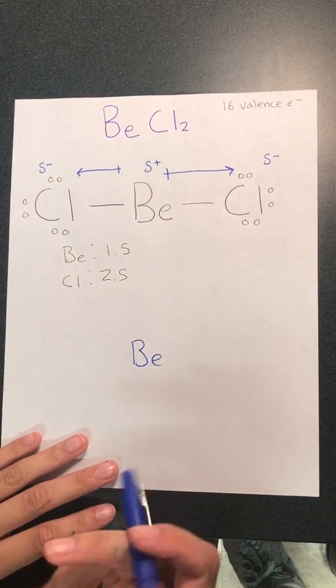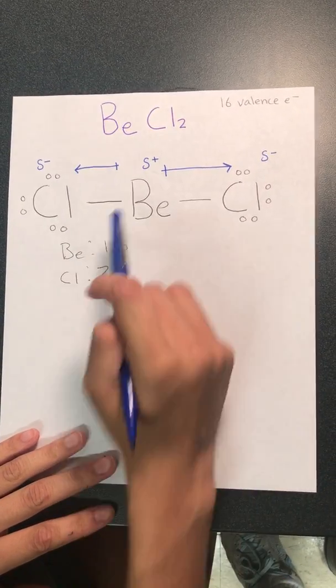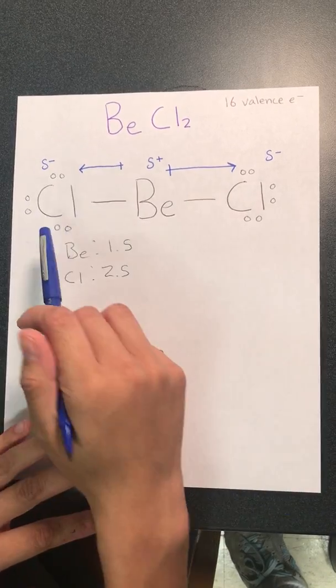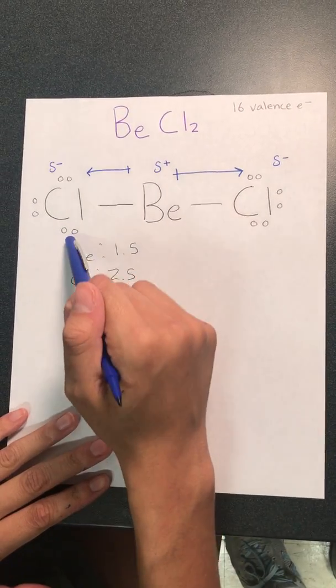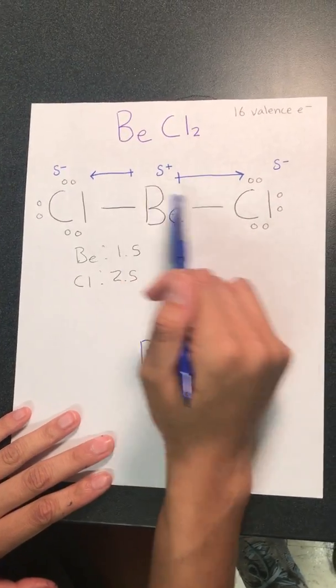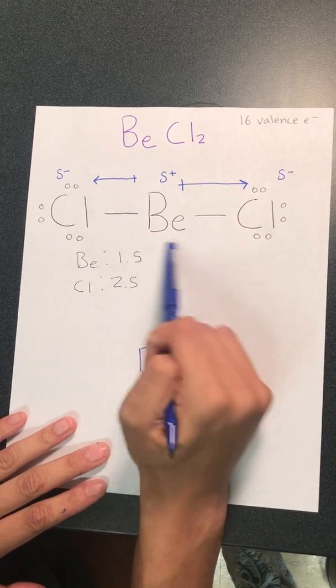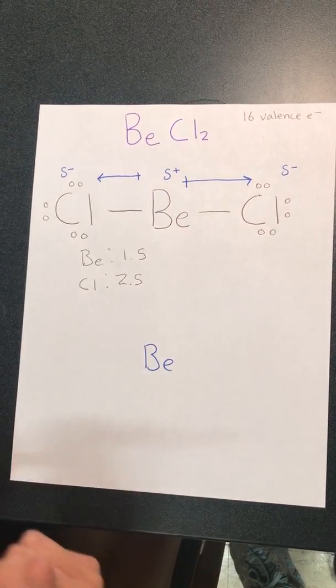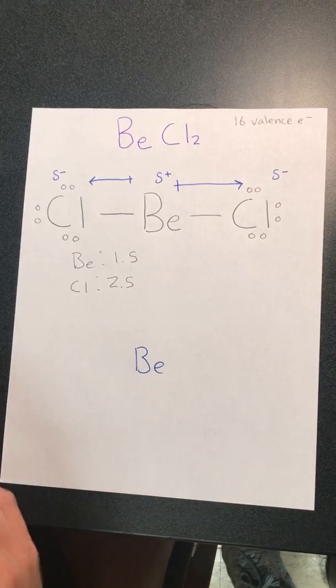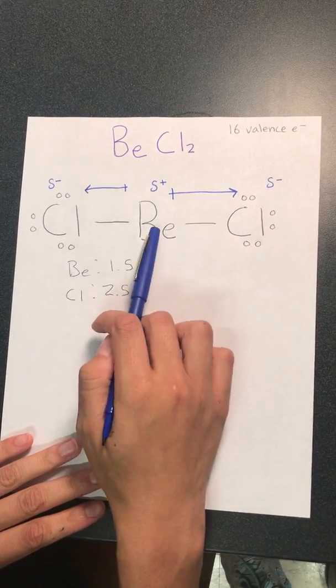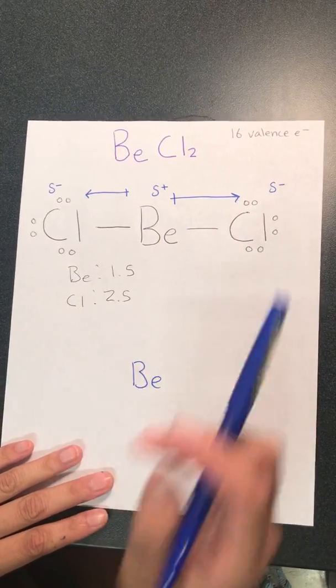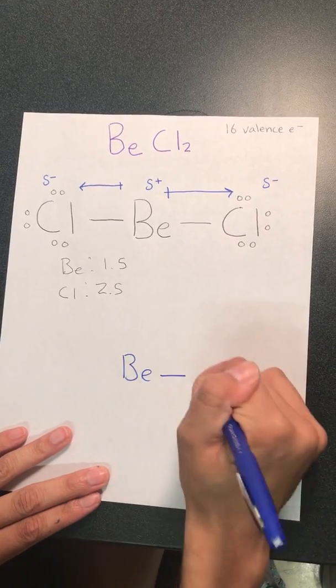Pretty simple one. Oh, and I forgot to mention this. Like I said before, normally in a Lewis dot structure, each atom should have an octet, but we see this one, beryllium, doesn't. Beryllium is an exception, and it can have fewer than 8 valence electrons on it. So in this structure, it only has 4 valence electrons, which is okay.